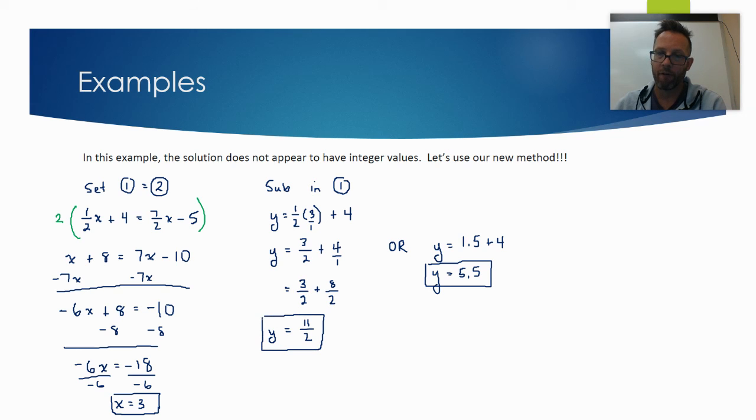And you can check for yourself. 11 halves, 11 divided by 2 is 5.5. They're the same thing. But, in your textbook, moving throughout your high school career, if you want to keep taking the highest level math course like you're doing right now, you're going to have to be okay with fractions. And here the point of intersection, we would say is 3, 11 over 2. 5.5 is not wrong.